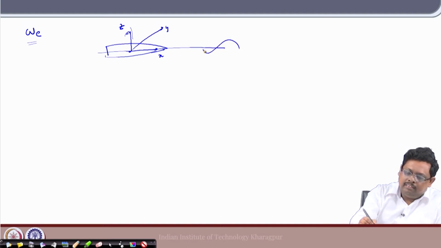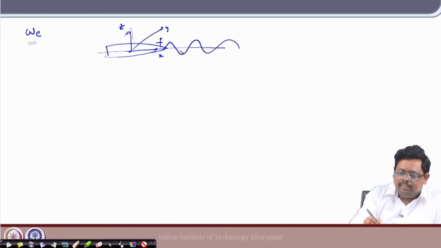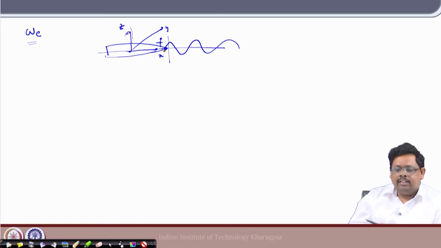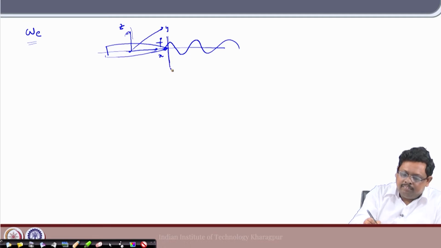Now, suppose there is some observer standing here and he is observing when the wave crest is approaching this point. Okay. So, he observes the first wave here, then this wave is slowly coming and hitting here, and then he finds the time taken between these two consecutive crests, let us say 10 seconds.